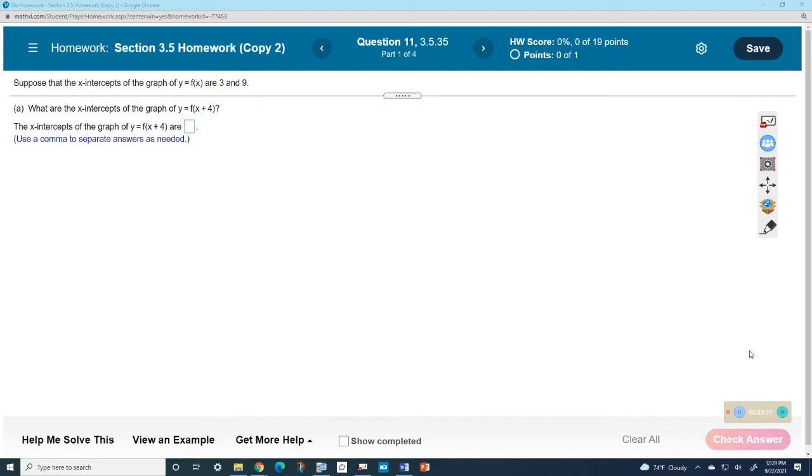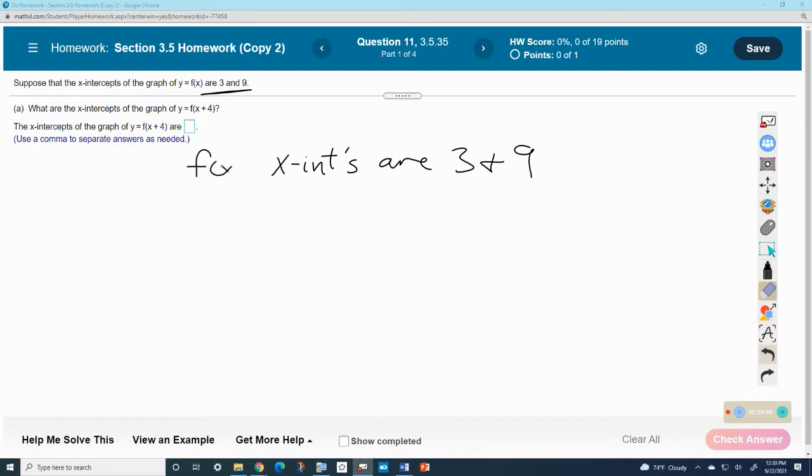Okay, I want to look at problem number 11. So it gives us the x-intercepts. The x-intercepts are 3 and 9. Then it says to transform the function by doing this right here, by making it f of x plus 4.